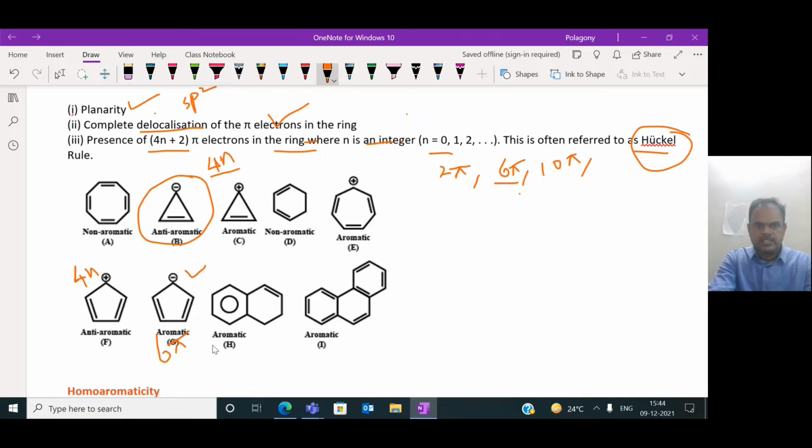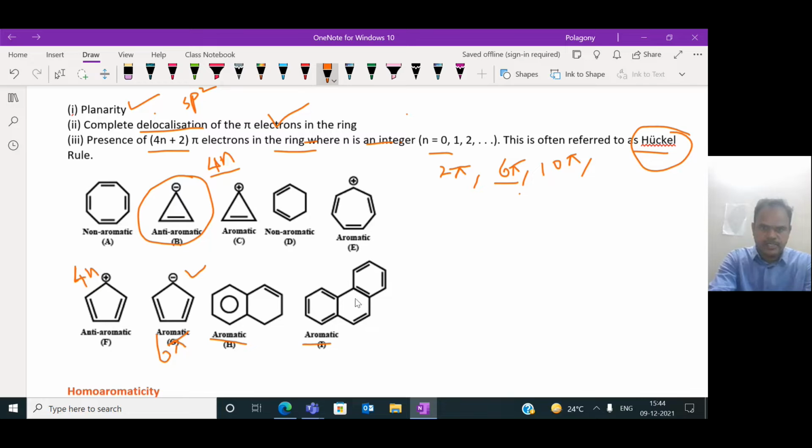And this can exhibit aromatic nature, meaning there is a possibility of delocalization of electrons in this. Next one also, this is also an aromatic compound, having 6 electrons. It has sp2 carbons, a planar molecule, a cyclic molecule, and it can furnish that aromatic character.